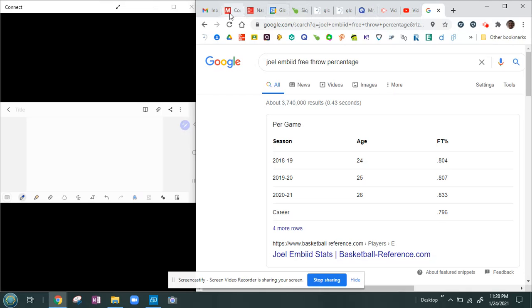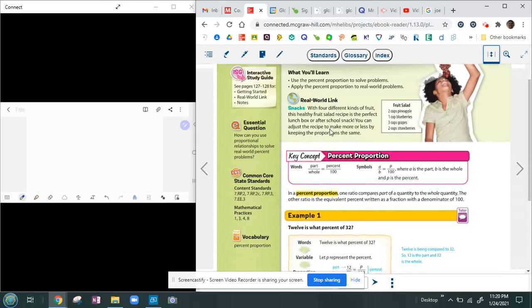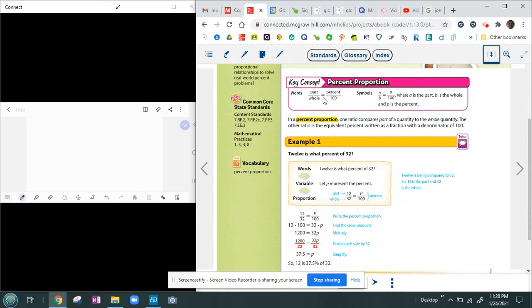All right, let's get into the lesson. Here we go. Okay, so now you can see this percent proportion. I told you it's a part to whole relationship, but written with a denominator of 100. So whatever our part to whole relationship is, we convert that to an equivalent fraction that has a denominator of 100.